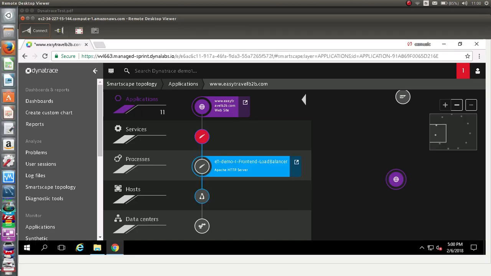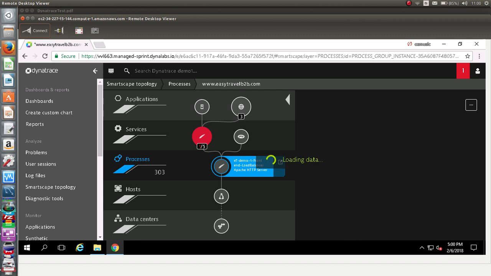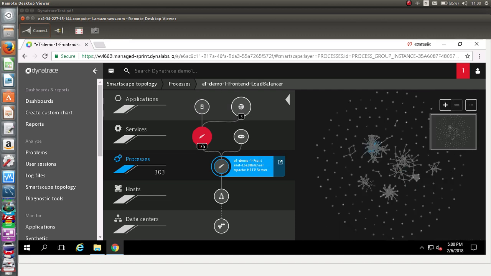Then we are going to see what the processes are that are running down from the service, running on Apache. It has the ET demo front end load balancer. This is the process group that is servicing, or working with, this service.